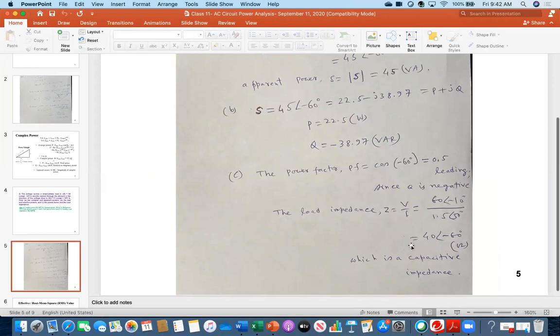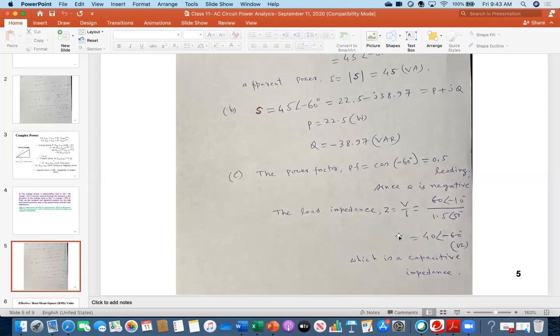This verifies the fact that this is correct, because in the complex power P plus jQ, Q is negative, and negative sign means capacitive. So that is proved here.